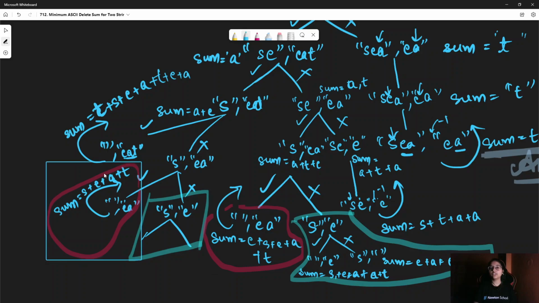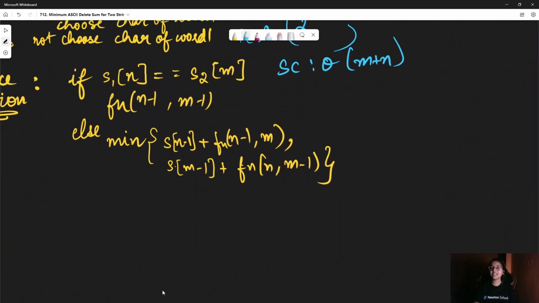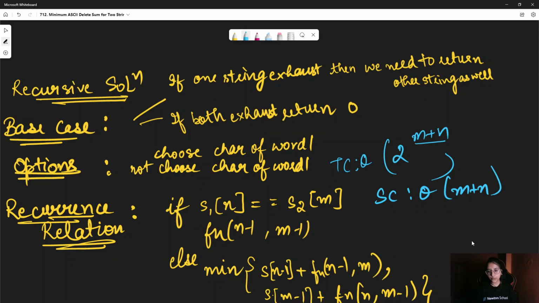This particular red portion and this particular red portion, both of them are repeating, right? So we are required to avoid these subcases. That's why we are memoizing it. So for avoiding this subcase, a 2D vector would be used, and then -1 as a flag would be used.